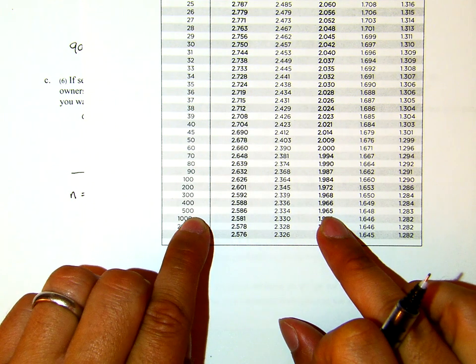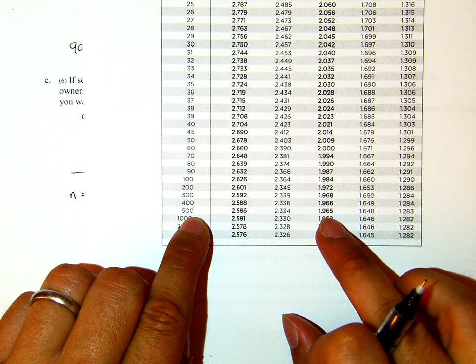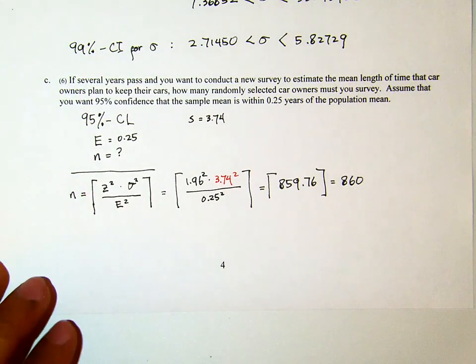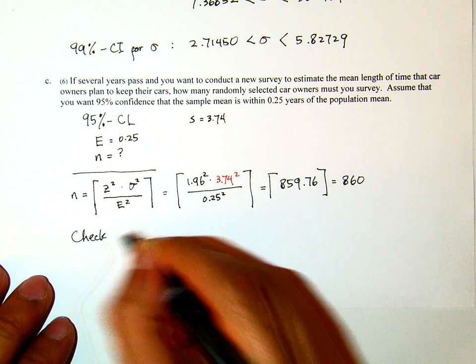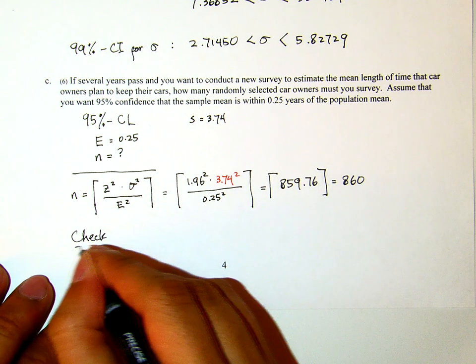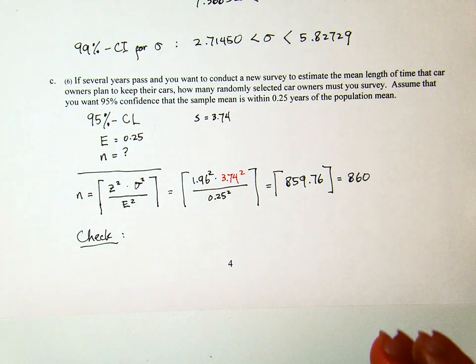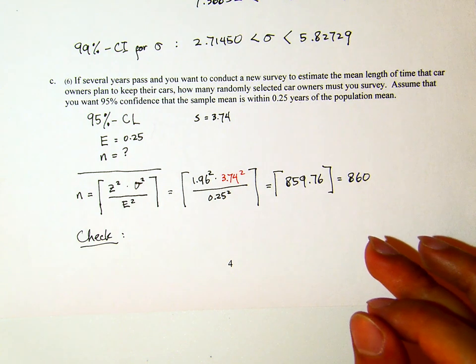If I use 500, will this give me a margin of error which is less than 0.25? So it's like a check: will this 860 be reasonable as the number of data?